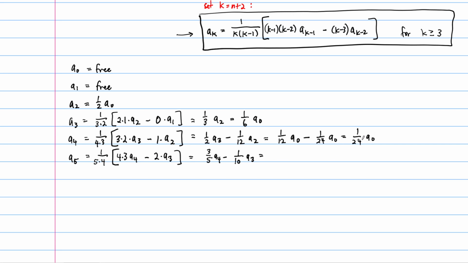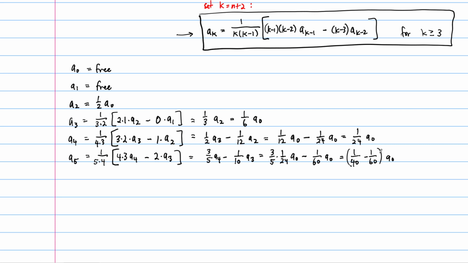So 3/5 times 1/24. I'll just write it all out. 3/5 times 1/24. So that's going to be 1/40th, right? A sub 0 minus 1/10 a sub 3. So that's 1 over 60 a0. So this is 1 over 40 minus 1 over 60 a sub 0.